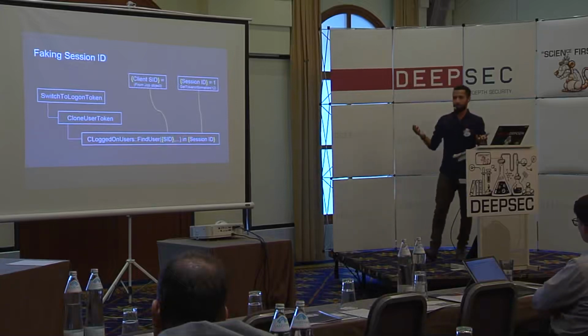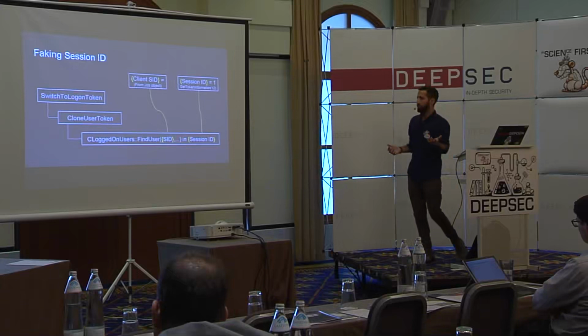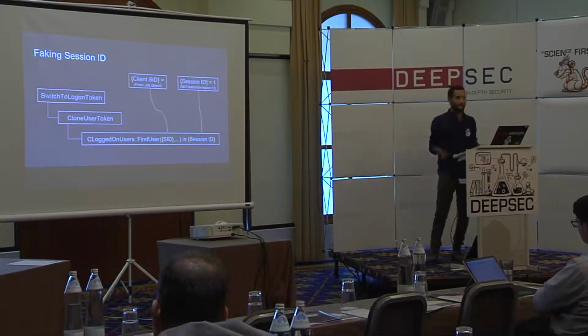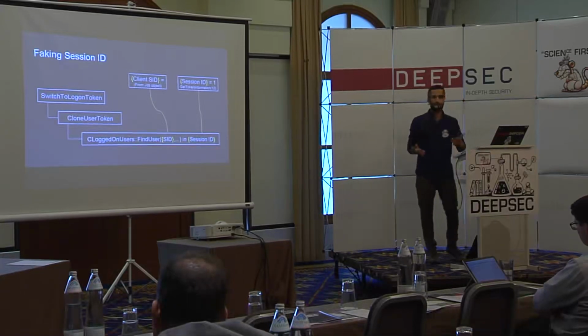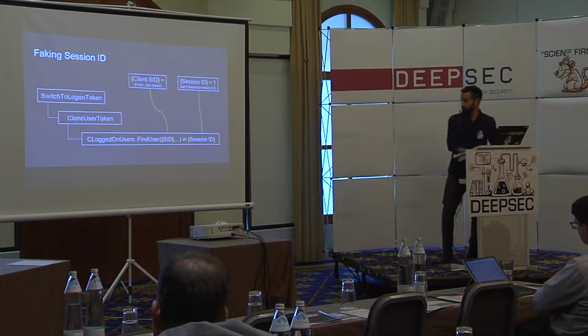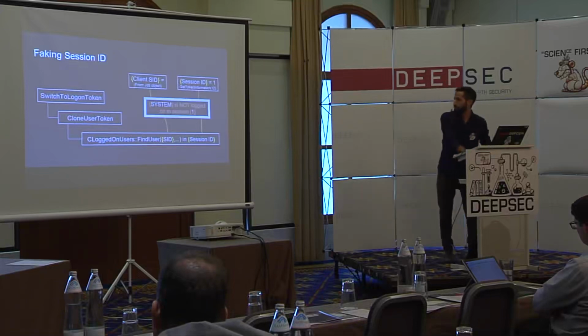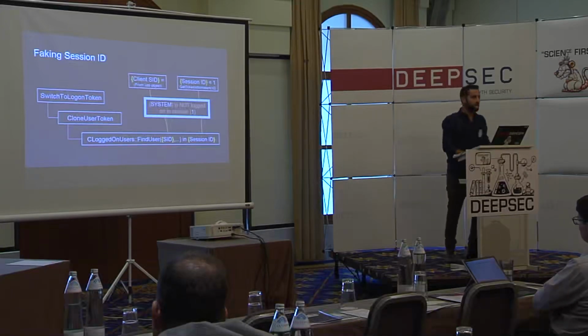And because the job object has a security identifier of the system, and session 1 has no logged on system session, we get denied, because system is not logged on in session 1. It is always logged on in session 0, but never on another session.